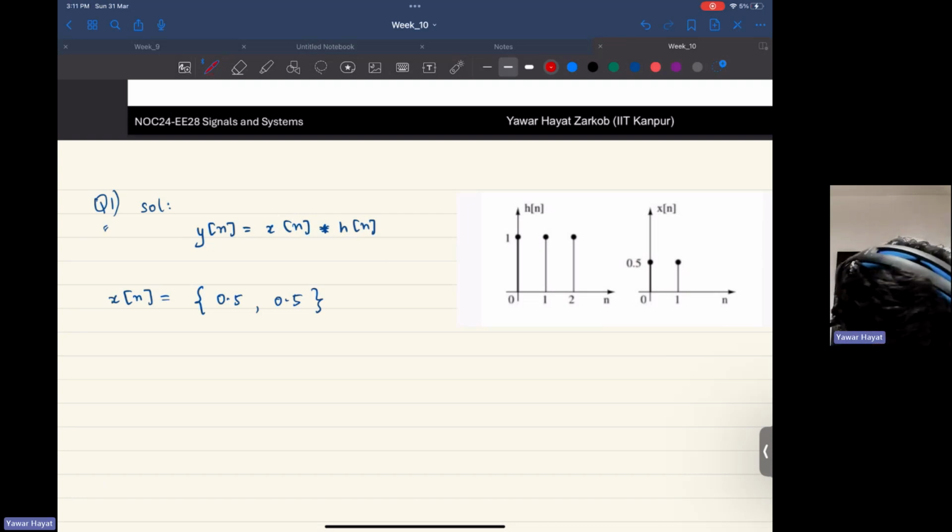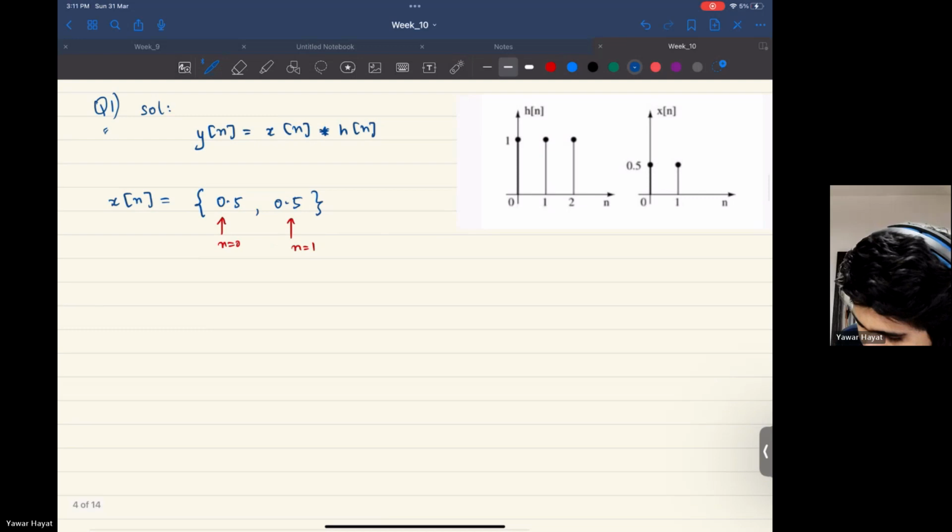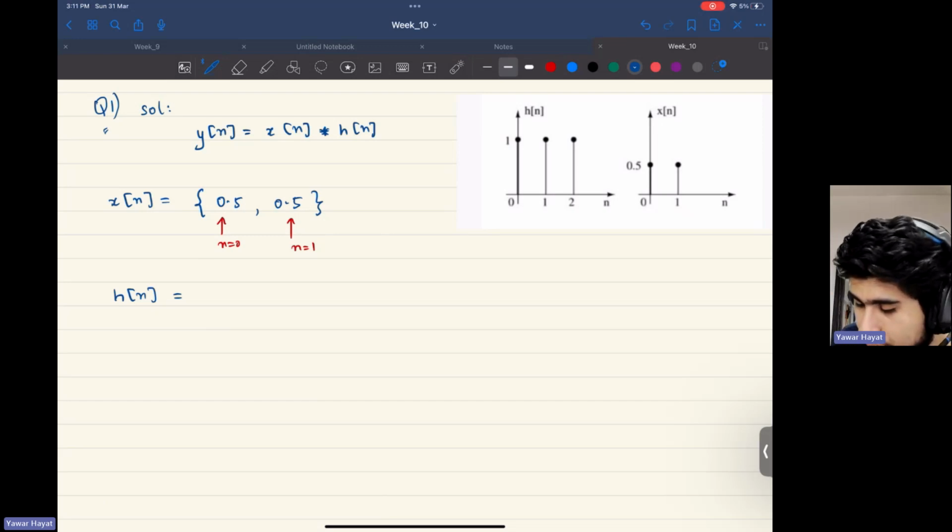This one is for n equals 0. And then the representation of h of n would be as follows. We have 3 sample points, each of value 1.